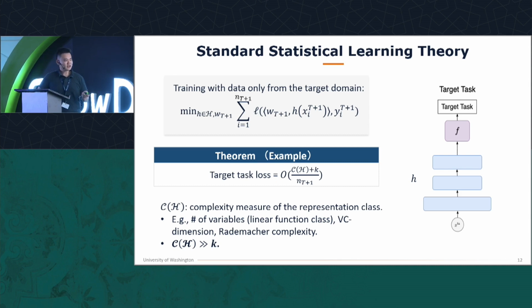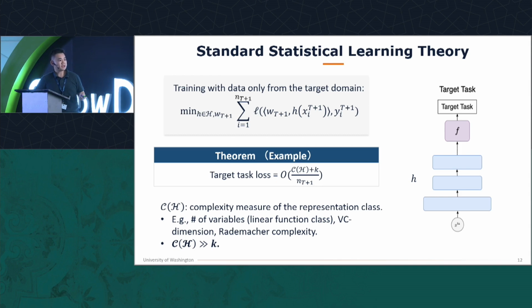And your loss can be bounded by a term like C(H) plus K, divided by N_{T+1}. C(H) is some complexity measure of this representation class, just for this H. You can use number of variables, VC dimension, Rademacher complexity, those kinds of learning theory complexity measures to capture how complex this function is.